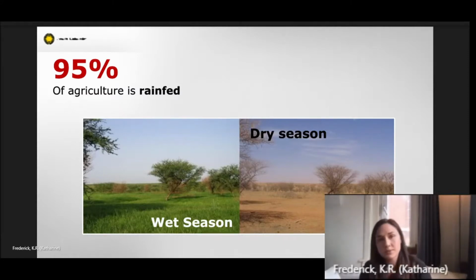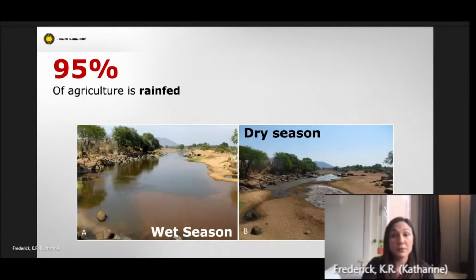So in most of sub-Saharan Africa, seasonality is starkly defined by what are, for obvious reasons, termed the wet season, as you see here, very lush, and the dry season, which affected both the landscape, as you can see in this image, but also affects the flow of rivers, which provide access to water and also provide fertile riverbed lands to farmers when the waters recede so they can actually grow some crops on these.